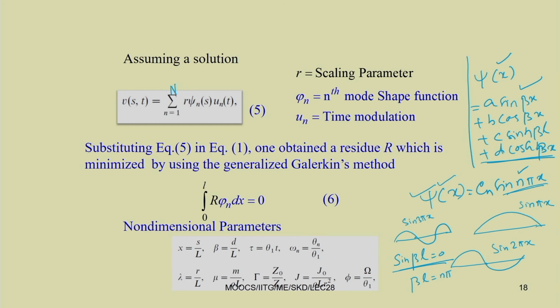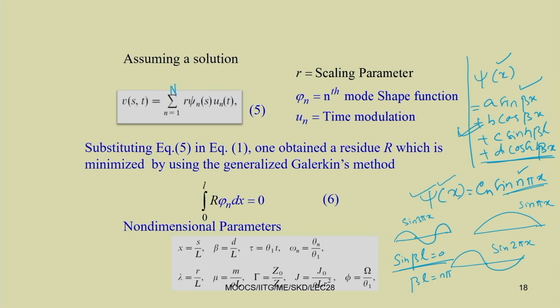After knowing the shape functions, sometimes while deriving them, it is not possible to satisfy the differential equation and all the boundary conditions. That is why one may use the assumed mode, that is, one can take functions that satisfy only the geometric boundary conditions.